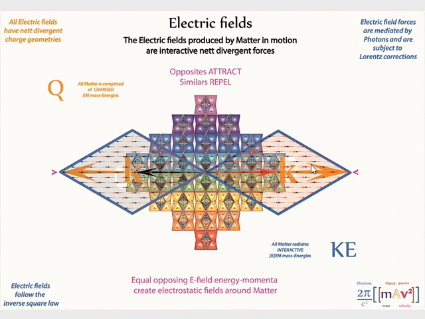But in doing so, dependent on whether it's a positive or negative charge or a combination of both, the energy momenta will determine the interaction with other particles, and in particular other charged particles that come into that field. If a negative charge particle were to enter this side of the electrostatic particle, it would be attracted. If it were to enter this side of an electrostatic particle, it would be repelled.